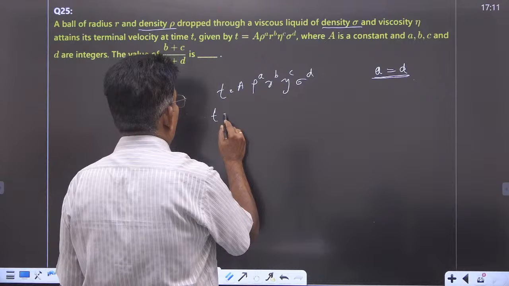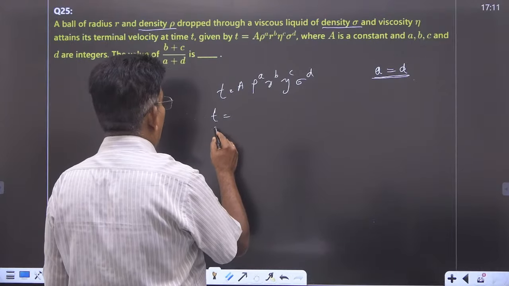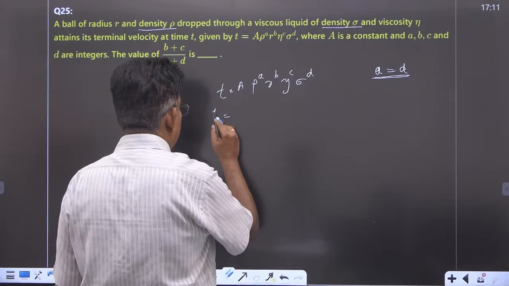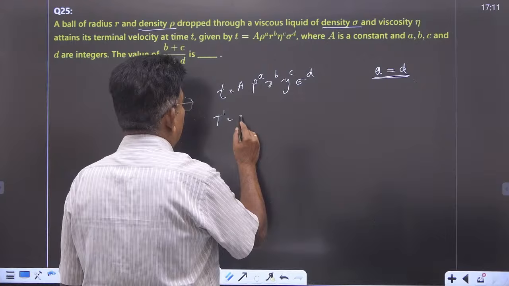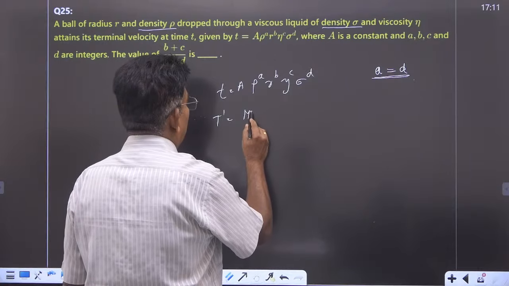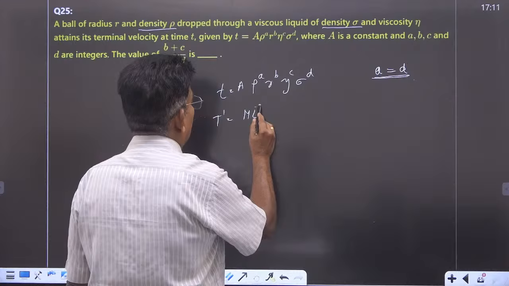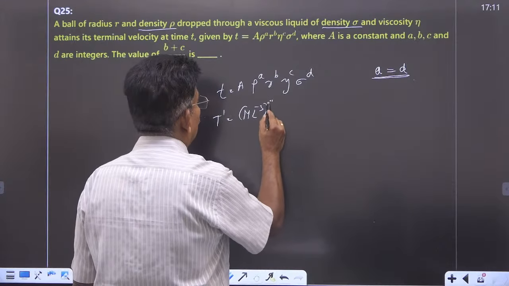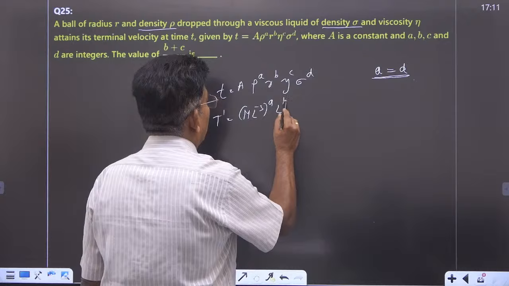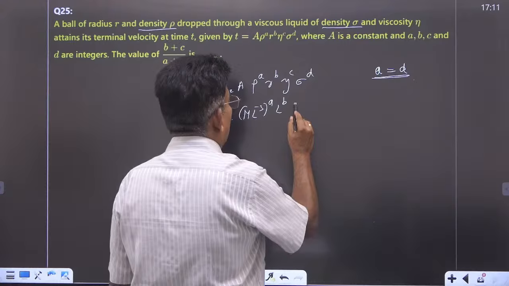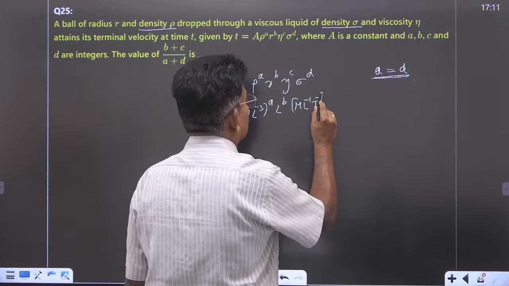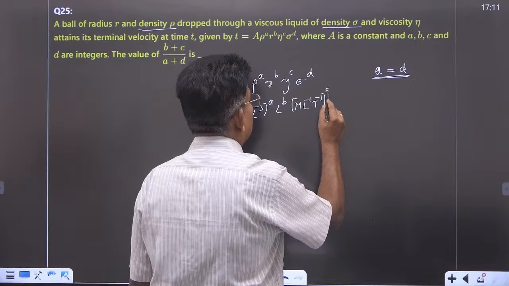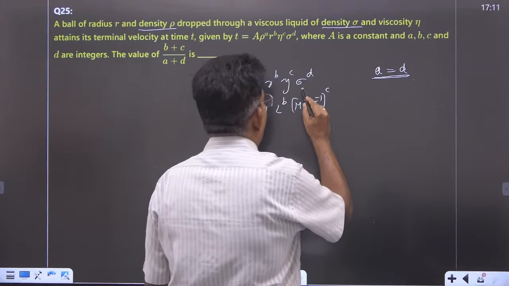So what I can write now? T is equal to, I'm changing into dimensional formula. So it will be T to the power of 1. A has no dimension. Density is M L to the power of minus 3 into A, R is L to the power of B, eta is M L minus 1 T minus 1 to the power of C, and again D is what?